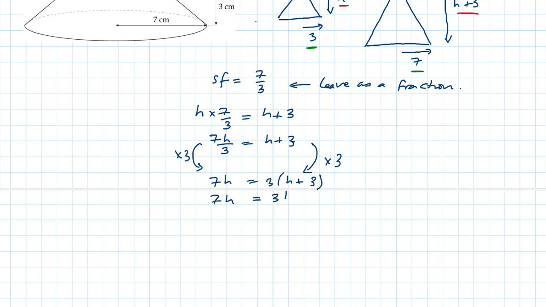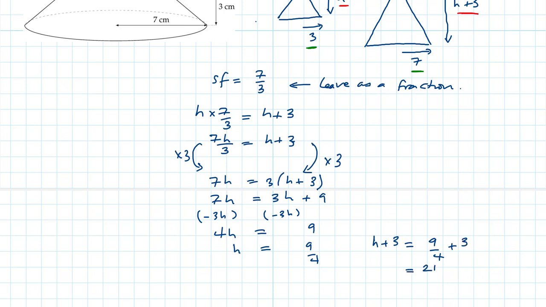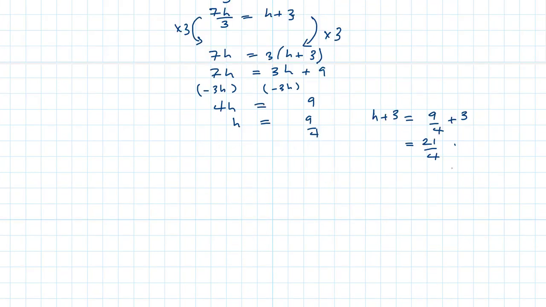Expanding the brackets and solving to find what h is going to be. And once again, I'm going to leave this as a fraction, and h plus 3, again, leaving as an improper fraction. Much easier to work with improper fractions in this situation.